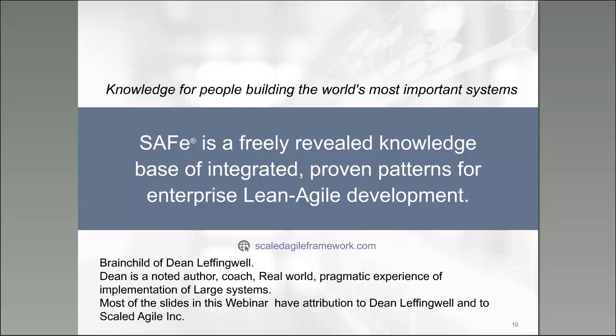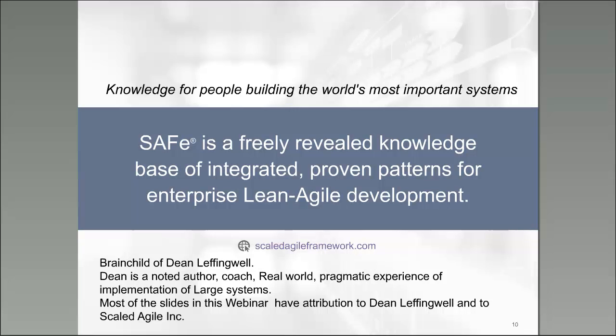There is a site called scaledagileframework.com, and the whole framework is the brainchild of Dean Leffingwell, who of course has implemented agile principles and practices across multiple teams. Based on that knowledge, this framework has come about. There are plenty of case studies available, and companies like John Deere, Intel, and Telstra have implemented this framework.